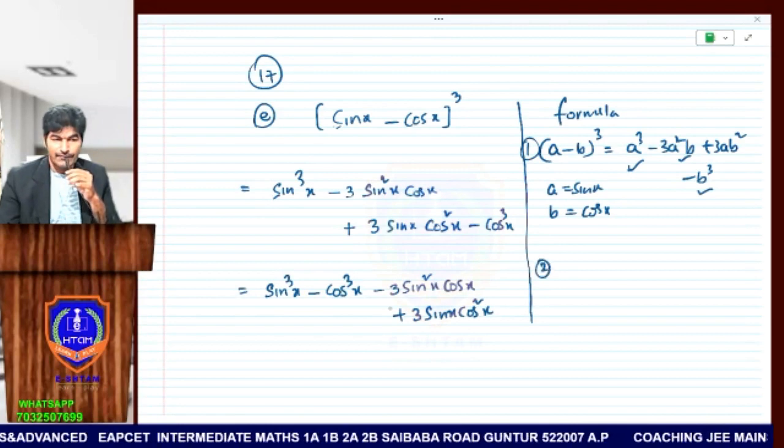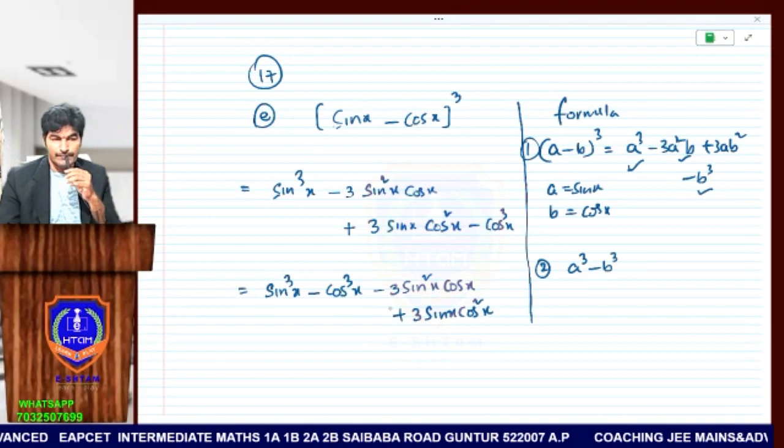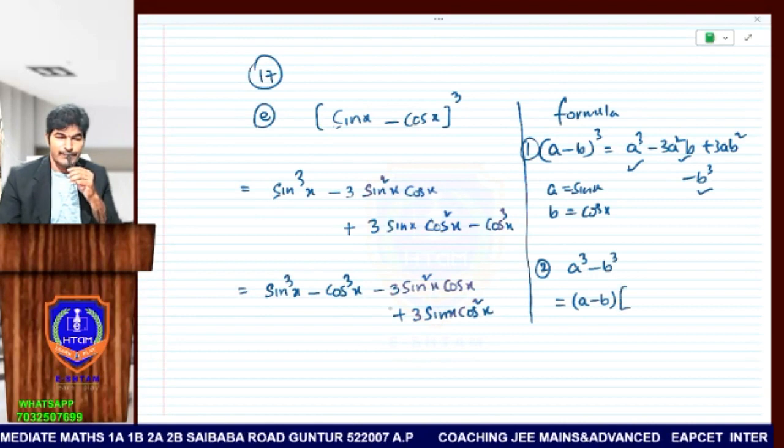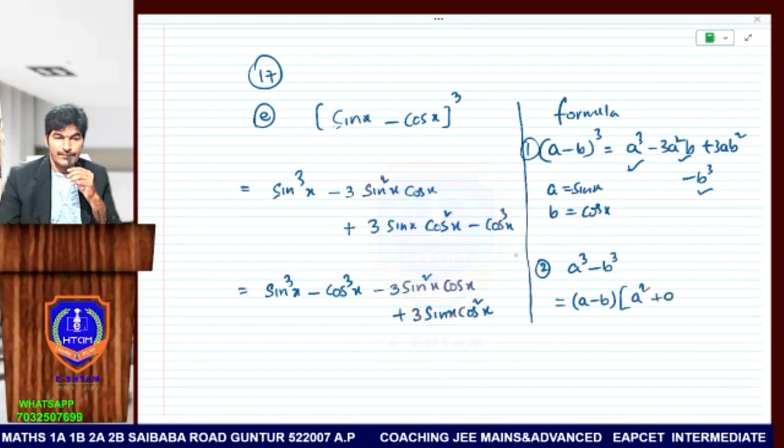The second one is a cube minus b cube. That's it. It will clear this problem. a cube minus b cube means a minus b times a square plus ab plus b square. It's a simple algebraic formula.